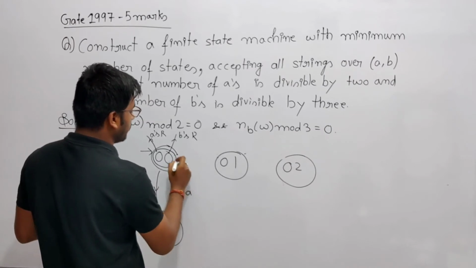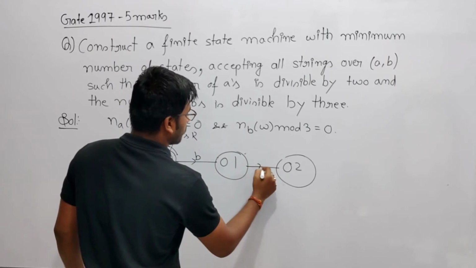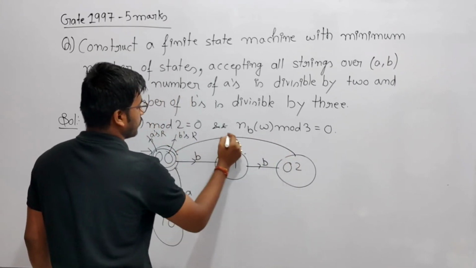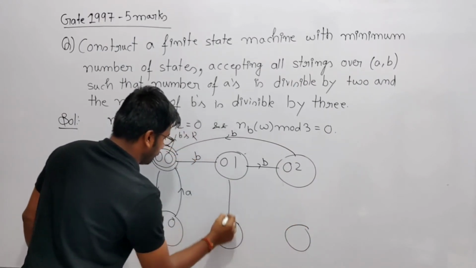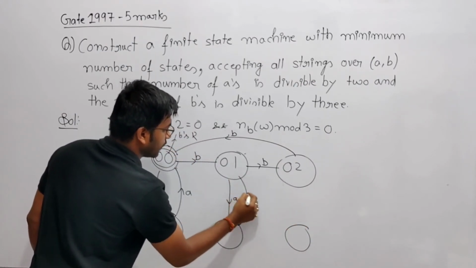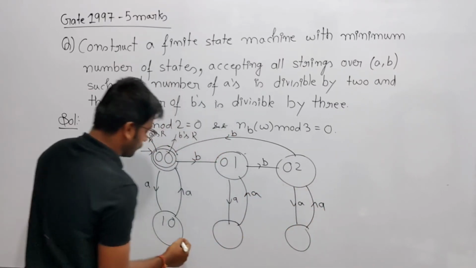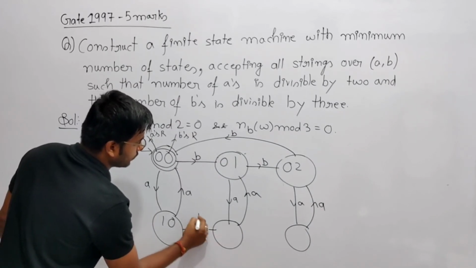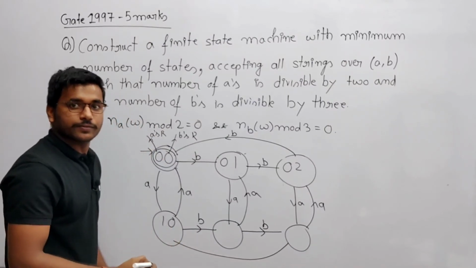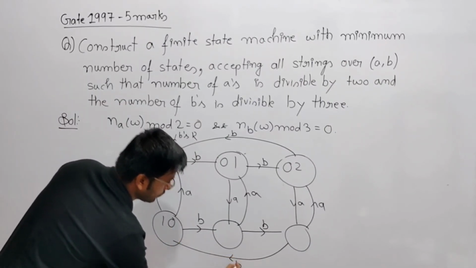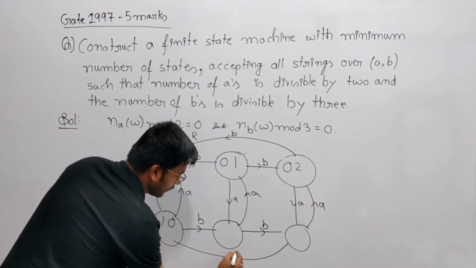By getting b there, 0 1, and now same way, a a a a, then b. b should be visible, so I should try here.